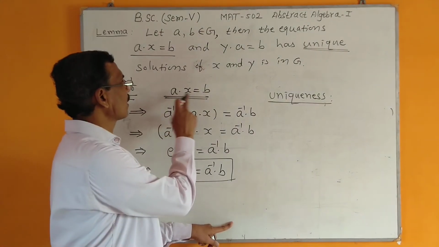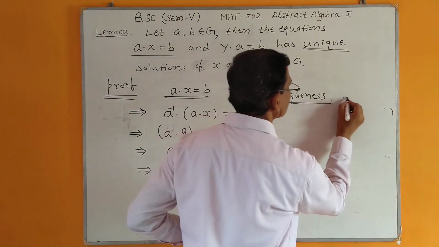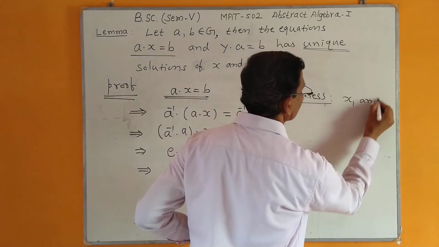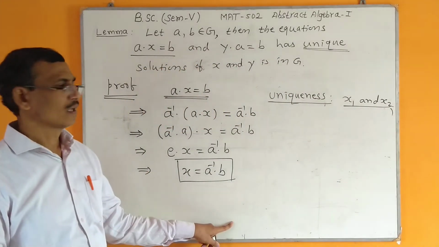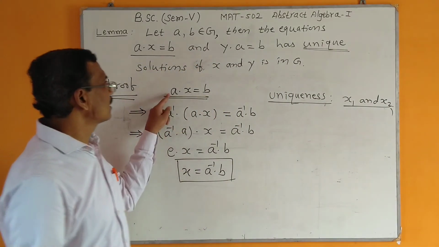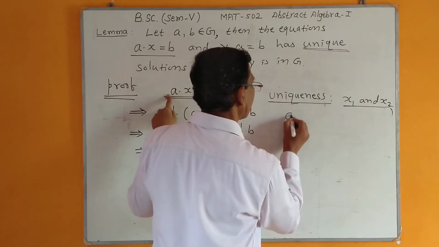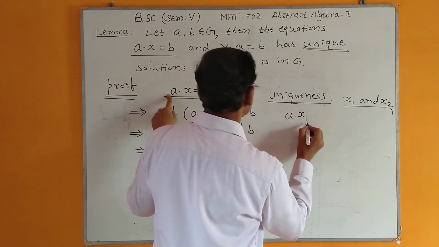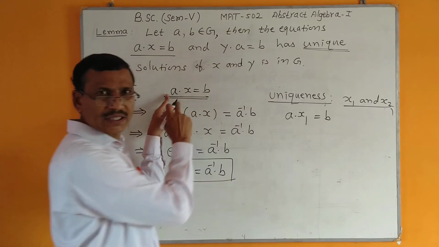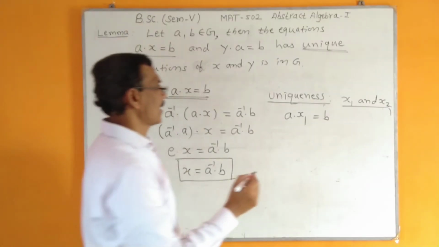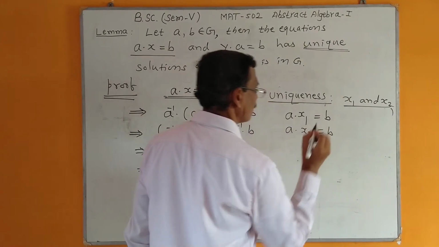Suppose the equation A dot X is equal to B has two solutions, x1 and x2 in G. As x1 is a solution, this equation must be satisfied by x1. That means we can write A dot x1 is equal to B. x2 is also a solution, therefore the equation is also satisfied by x2. That is A dot x2 is equal to B.